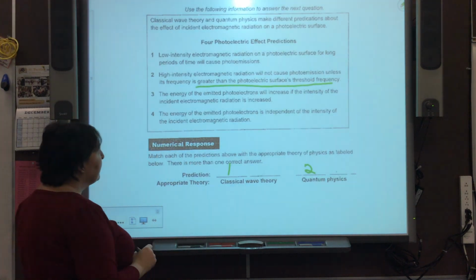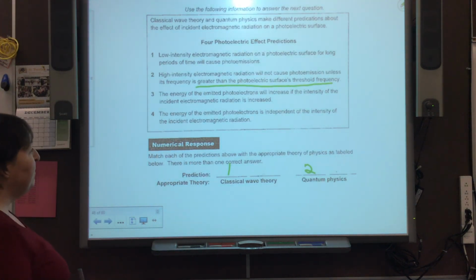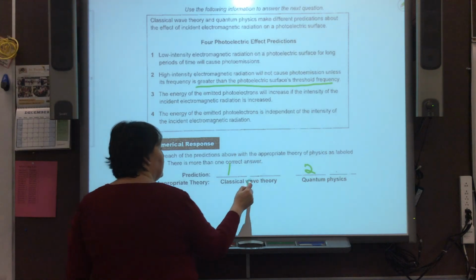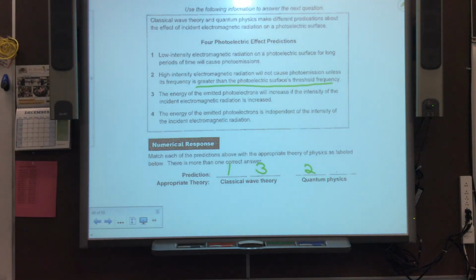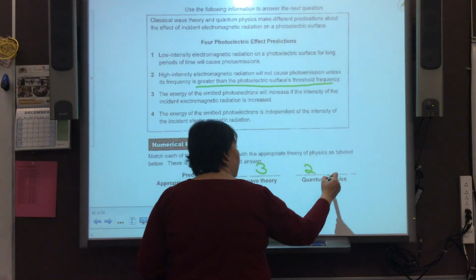That's 2. The energy of the emitted photoelectrons will increase if the intensity of the incident electromagnetic radiation is increased. This is going to be the classical wave theory here. And 4, the energy of the emitted photoelectrons is independent of the intensity. This one we find here.